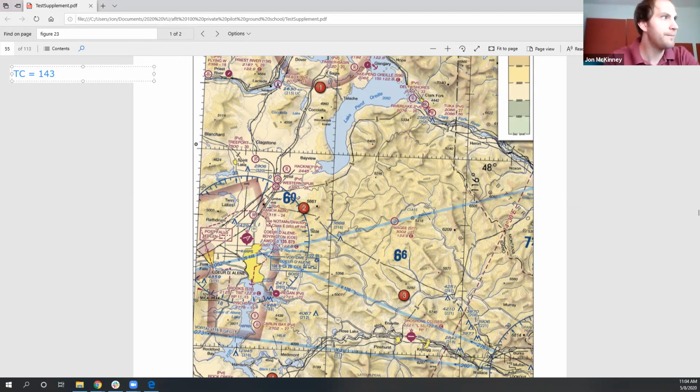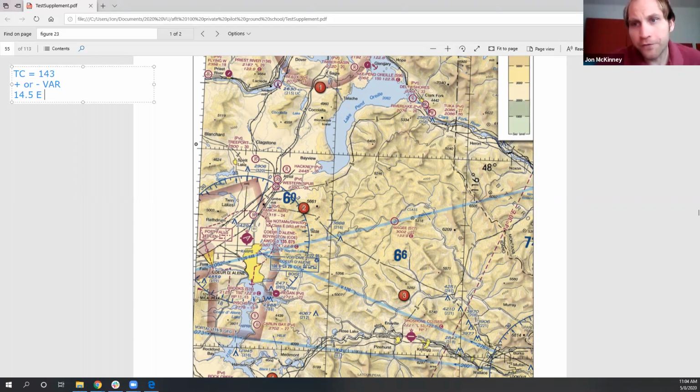143 degrees, okay? Now, we need to either plus or minus the variation. We think in this case, we have 14.5 degrees of east variation. Now, here's one of the biggest common things that people get confused.